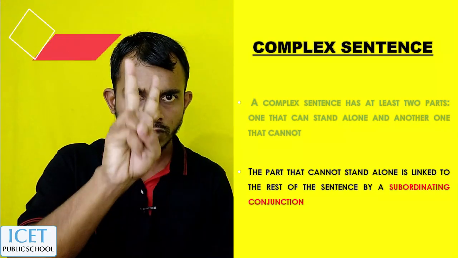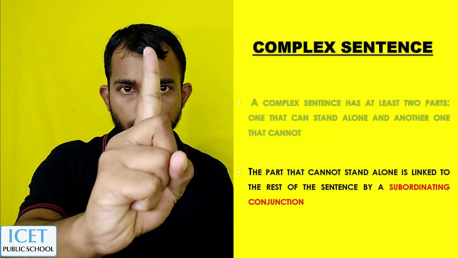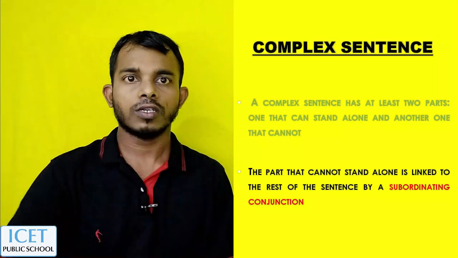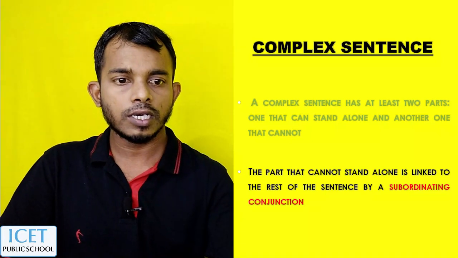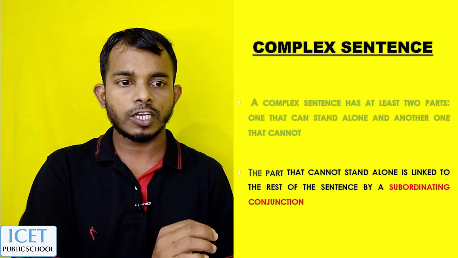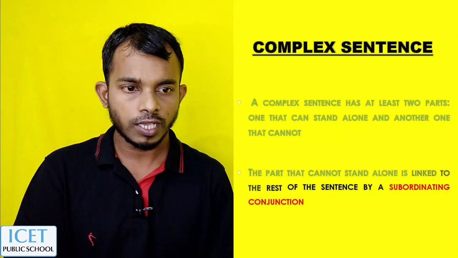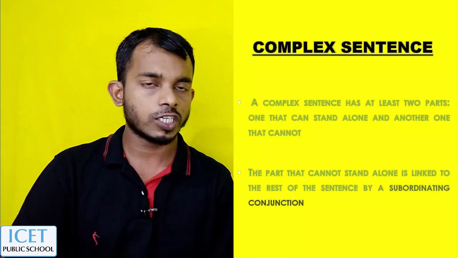It will have two clauses, one can stand alone, the other cannot. Now you got the difference between compound and complex. The part that cannot stand alone is linked to the first part of the sentence by a subordinating conjunction.